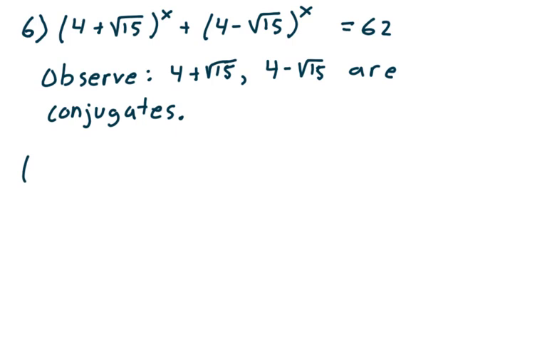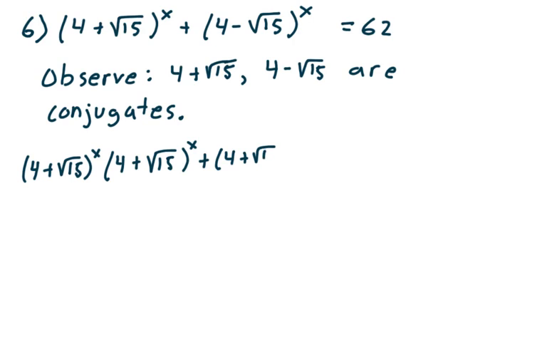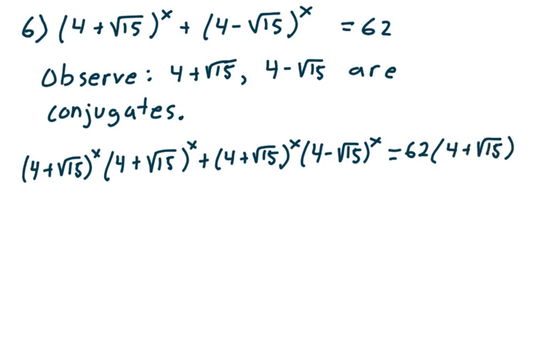So I'm going to take 4 plus square root of 15 to the x times 4 plus square root of 15 to the x plus 4 plus square root of 15 to the x times 4 minus square root of 15 to the x. And I'm going to set that equal to 62 times 4 plus square root of 15 to the x. It's really slick.